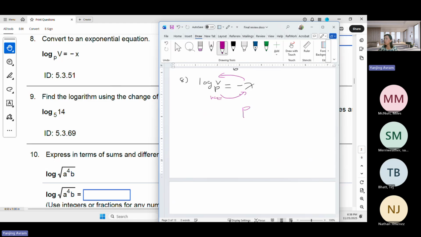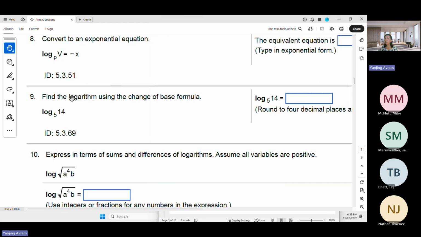So p raised to the power of -x will equal b. It's not p to the b power equal to x. No, this is incorrect. So it's base p raised to the negative power of x equal to b, coming to the right-hand side. So that is the exponential equation for this one.